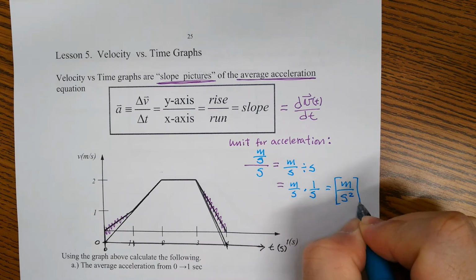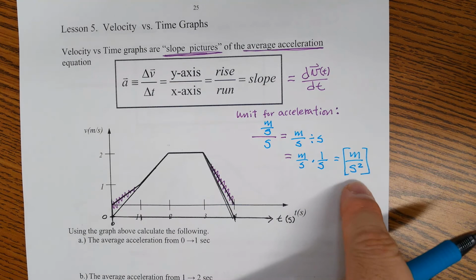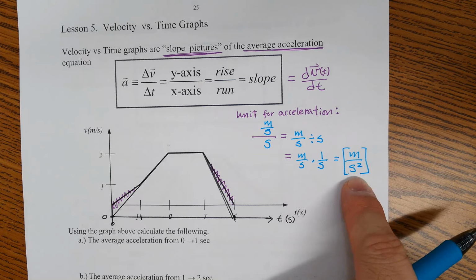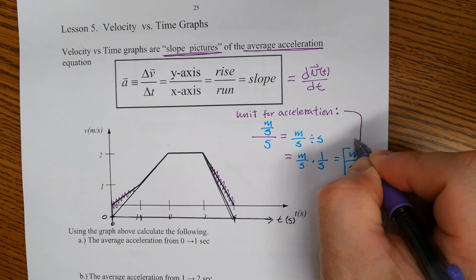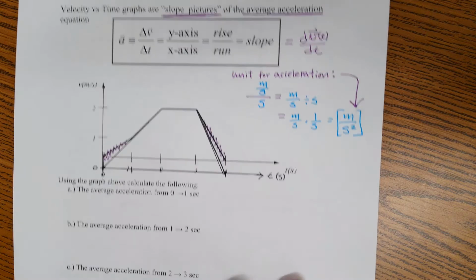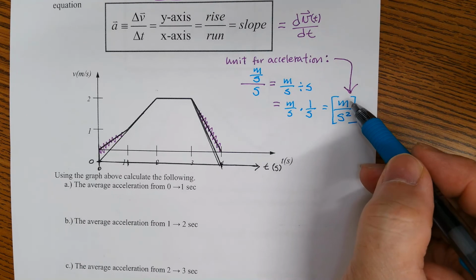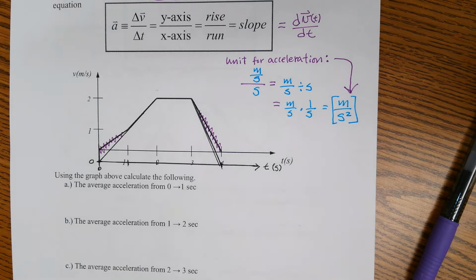Okay, so this is the unit for acceleration. The unit for acceleration is meters per second squared, or the length dimension divided by time dimension squared. It doesn't always have to be meters and seconds.